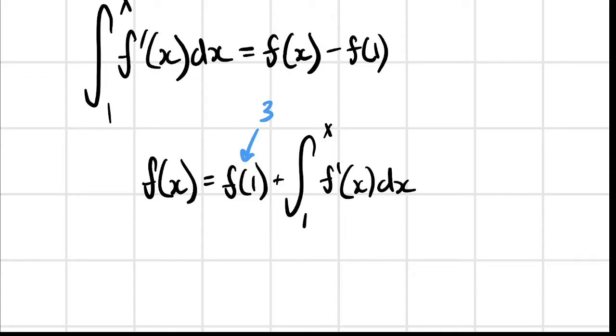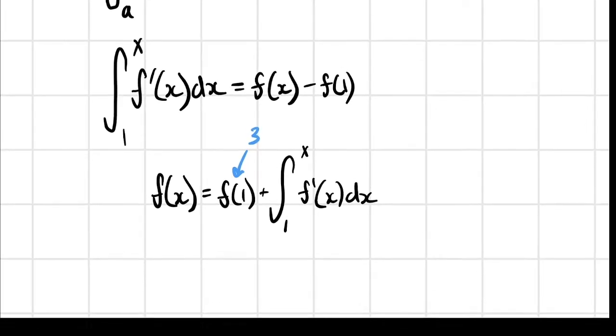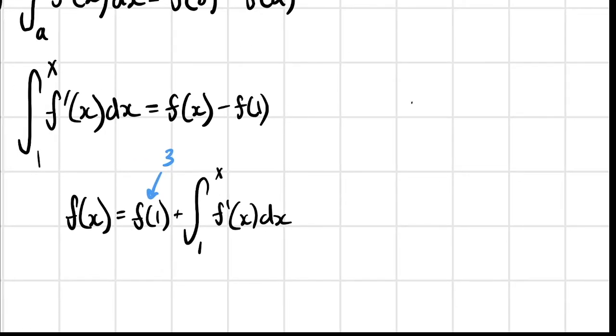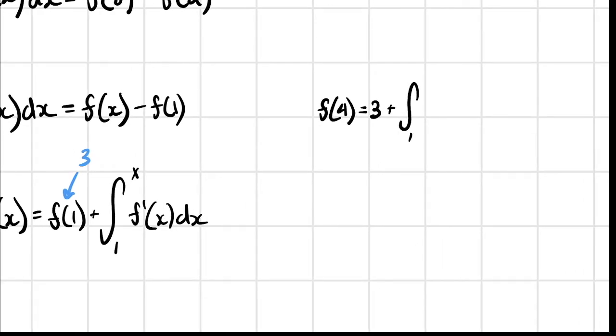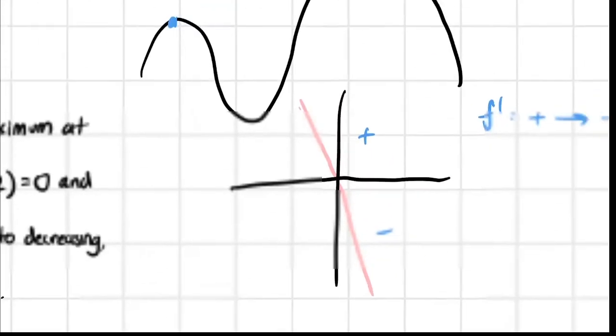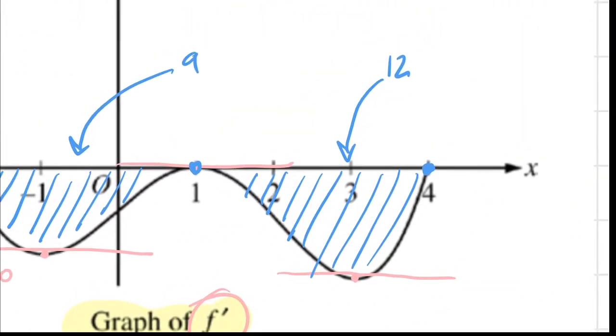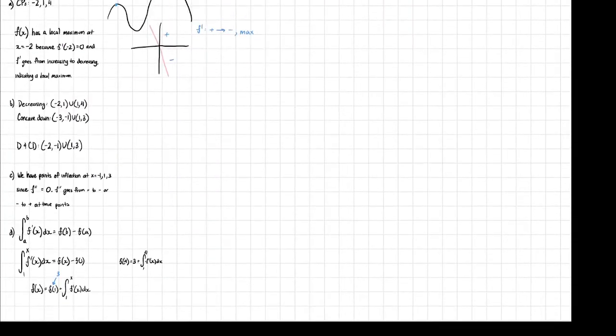Now it says we need to solve for f of 4 and f of negative 2. So we'll just plug it in. f of 4 will be equal to 3 plus the integral from 1 to 4 of f prime of x dx. Now the integral from 1 to 4 is 12. That's just stated in the problem.